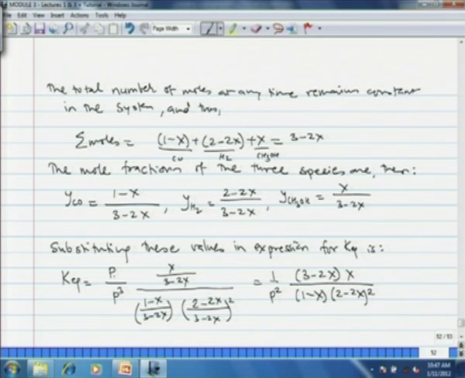K equilibrium is equal to P divided by P cube into mole fraction of methanol, X divided by 3 minus 2X, into mole fraction of carbon monoxide and mole fraction of hydrogen, and then we get this particular expression. K equilibrium equal to 1 divided by P square into 3 minus 2X into X divided by 1 minus X into 2 minus 2X squared.